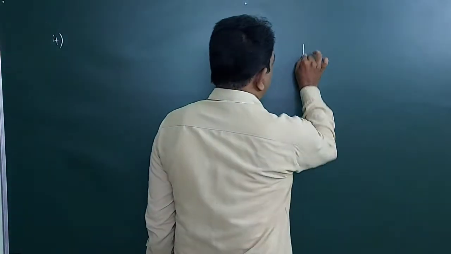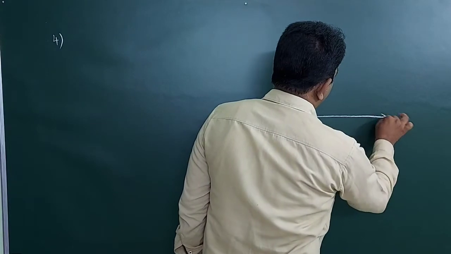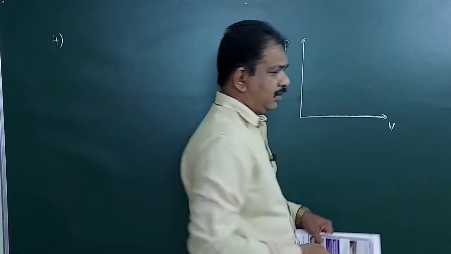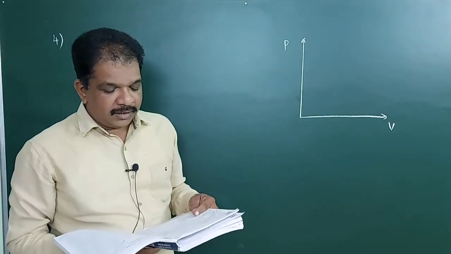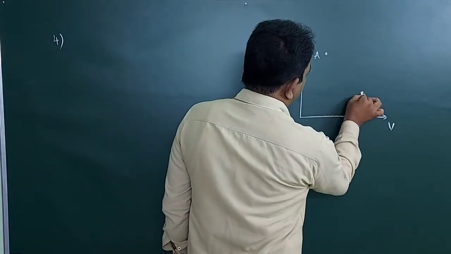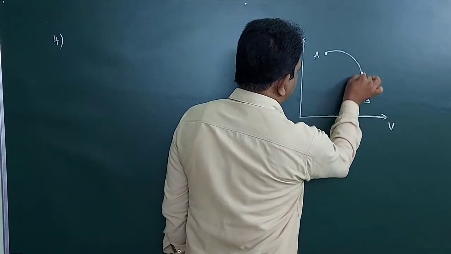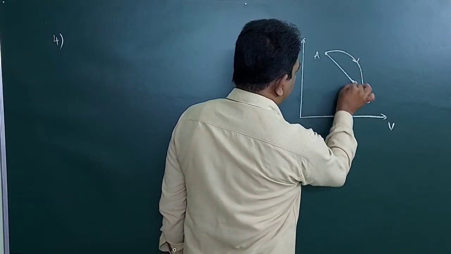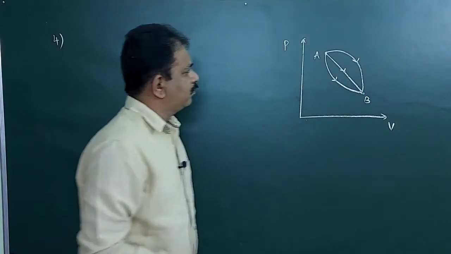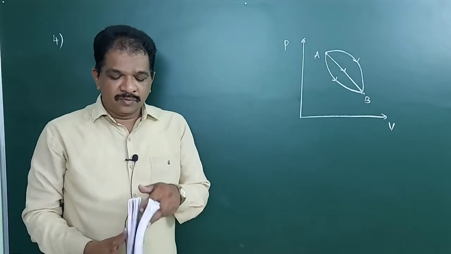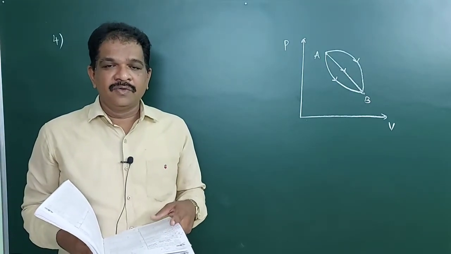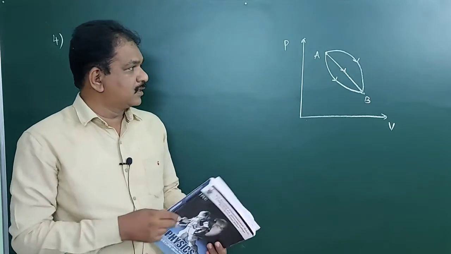So here P values are there, here V values are there. They are drawing between P and V. So a gas initially goes from A to B along this path, later along this path, later along this path. Okay. Now what is the relation between the internal energies? What is the relation between the heats?